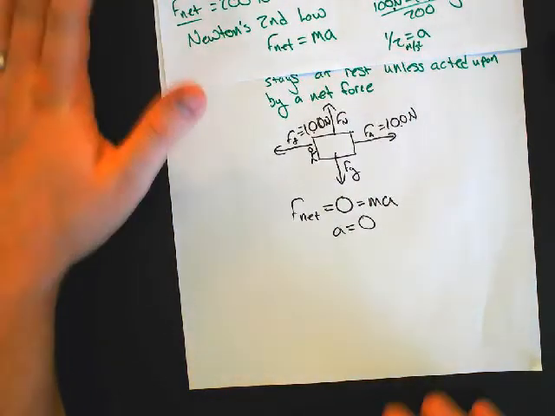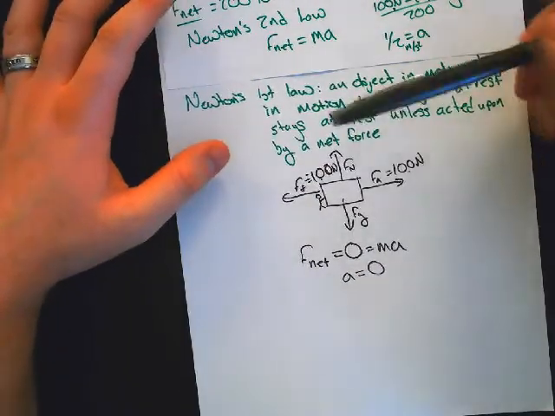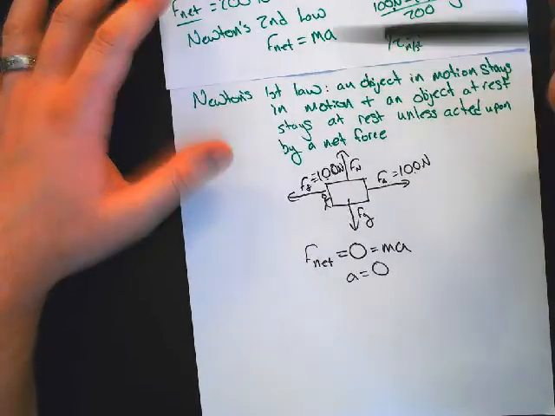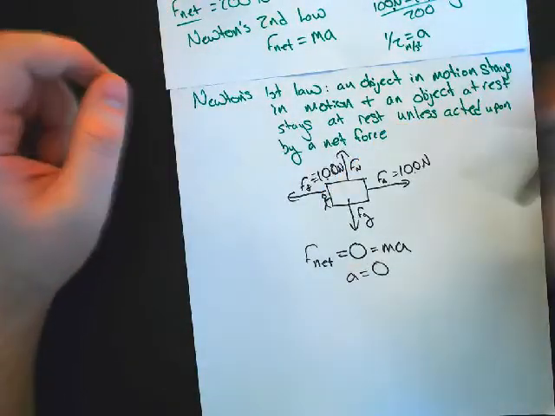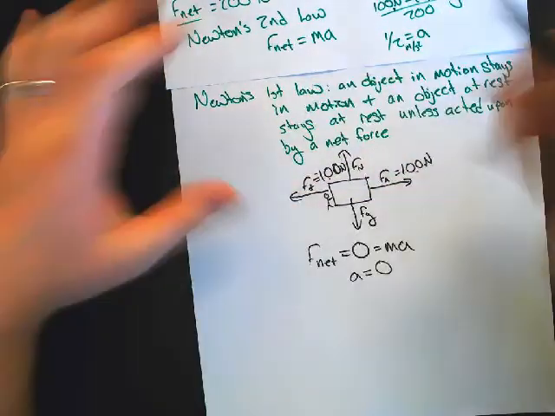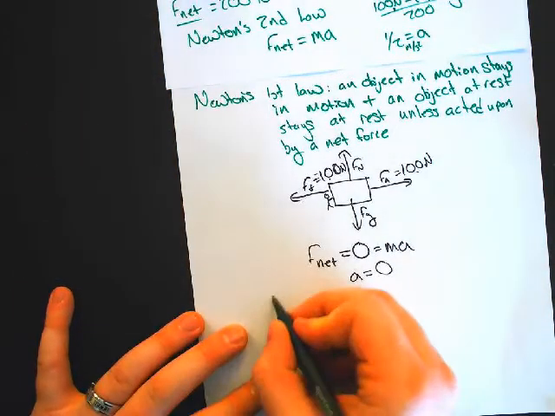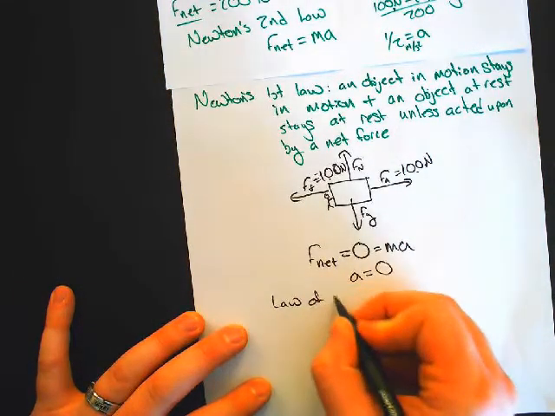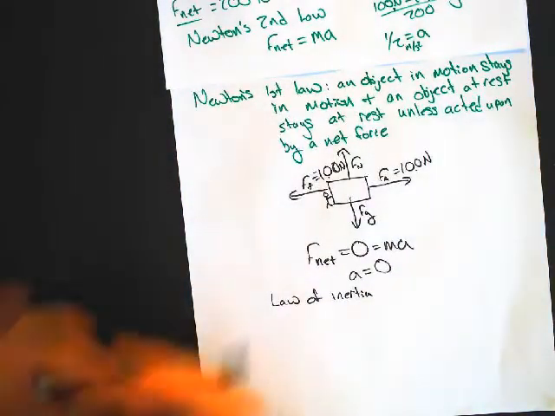Okay. All right. Questions on Newton's first law here. So this object in motion could still be in motion. It just can't change unless it gets that net force to influence it. Newton's first law is also known as the law of inertia, where inertia is simply a measure of an object's mass.